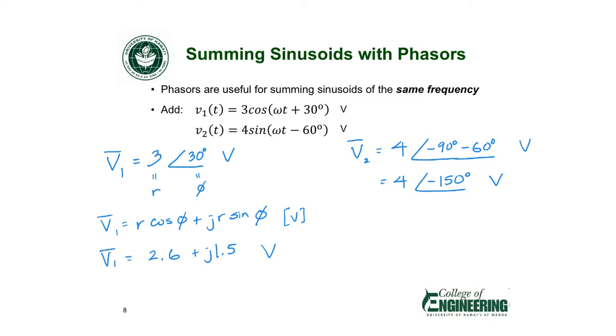Why don't you try to do the complex number representation of V2? So tell me what V2 is. Give me some real number and some imaginary number that represents 4 angle negative 150 degrees.